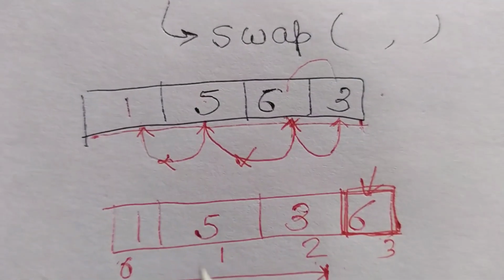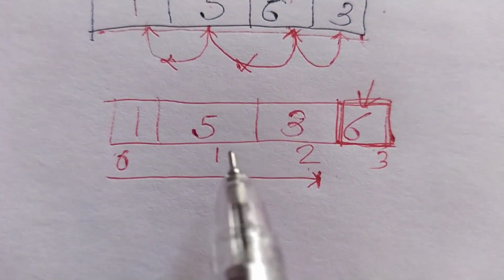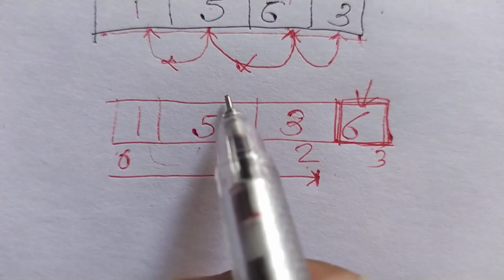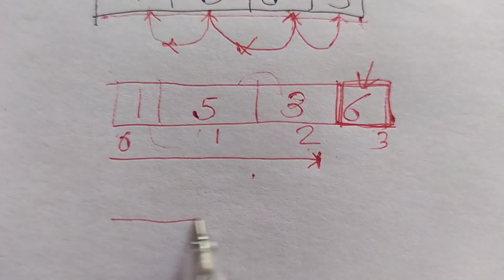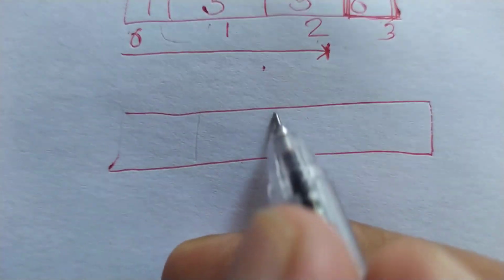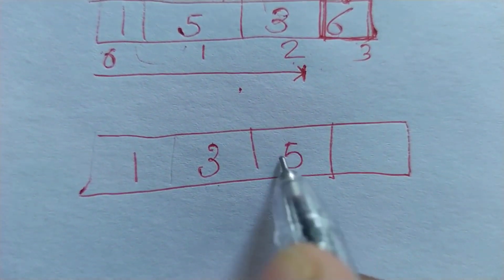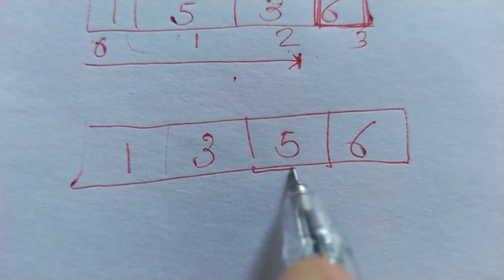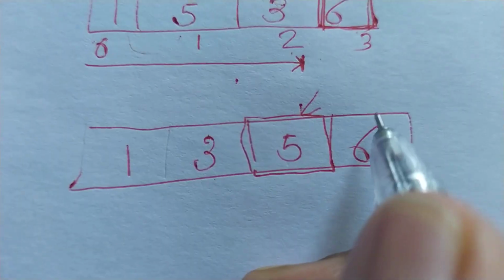Again we check whether 1 and 5 are in correct order. Yes, so we will not swap them. But here we find that 5 and 3 are not in correct order, so we will swap them. So our array would become 1, 3, 5 and 6. We found that our second largest element is here.